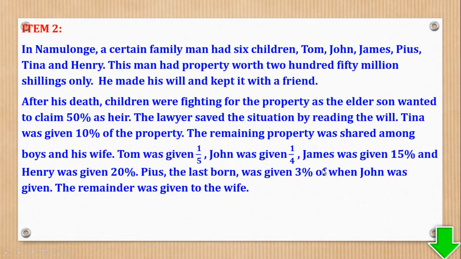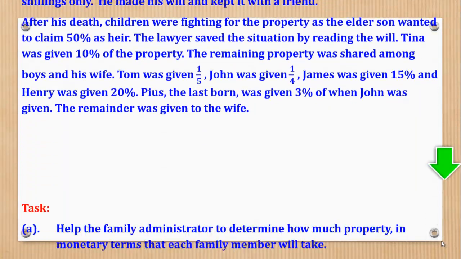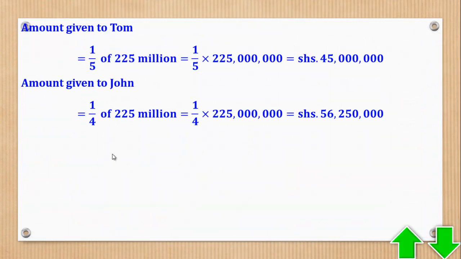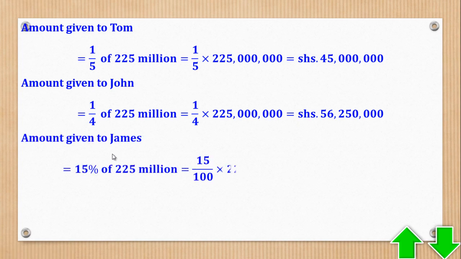Then from John, we go to James. James got 15%. So the amount got by James is 15% of 225 million, which is 33,750,000.